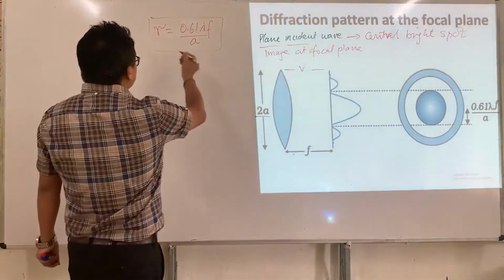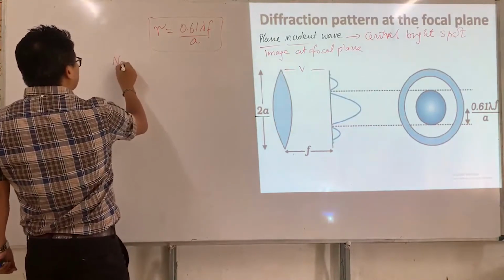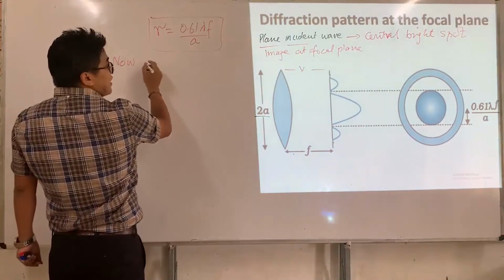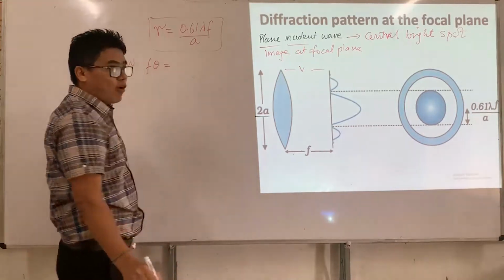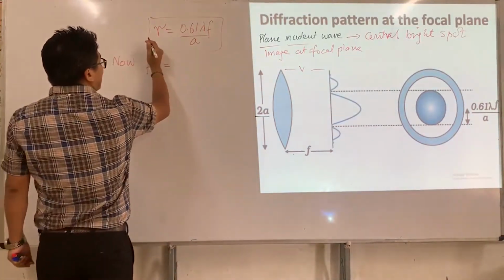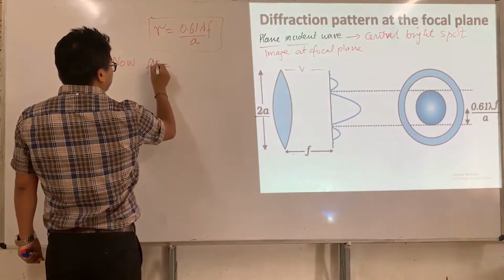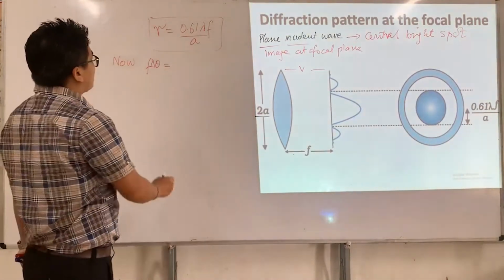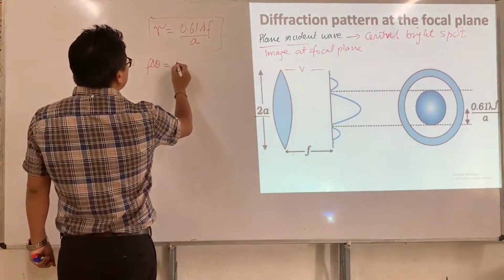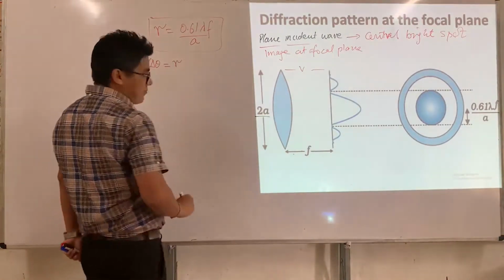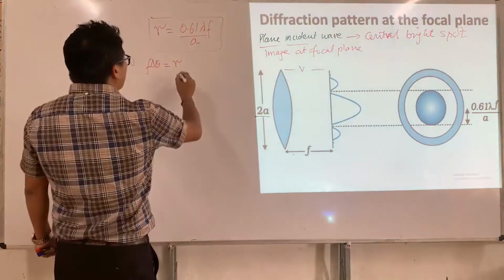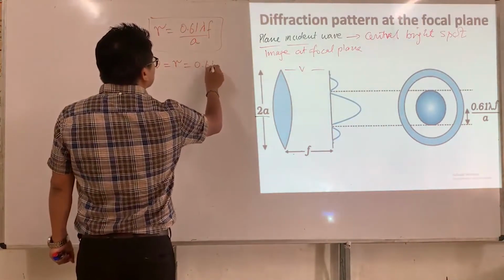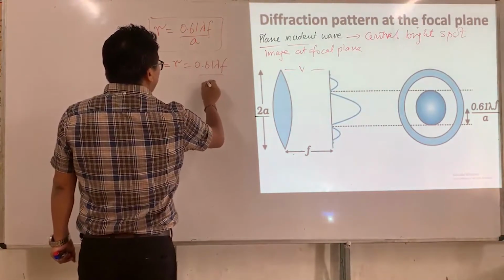So now look at here. Now we can write f delta theta is going to be r, which is going to be 0.61 lambda f by a.